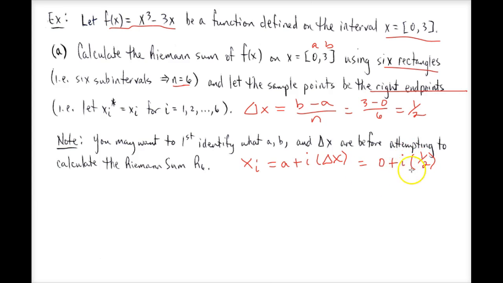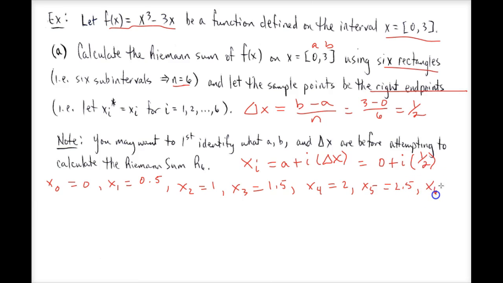So basically we're going up in units of 1/2. x sub 0 would be 0, x sub 1 would be 0.5, x sub 2 would be 1, x sub 3 would be 1.5, x sub 4 would be 2, x sub 5 would be 2.5, and x sub 6 would be 3.